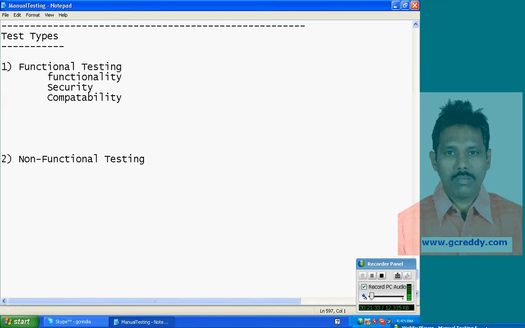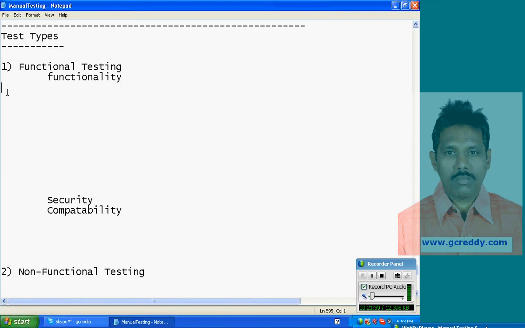I will explain functionality. See, functional testing. What do we test in this area? Functionality, okay. What do we test?